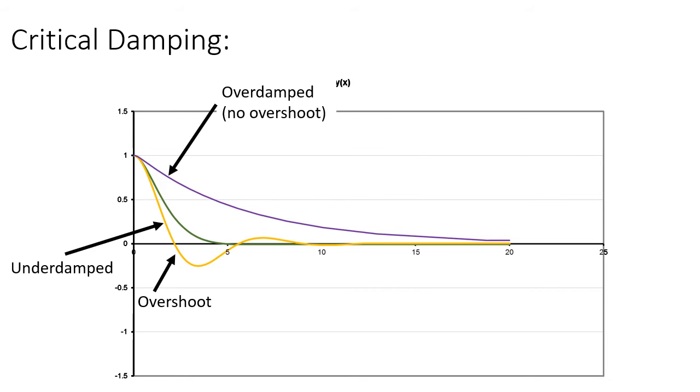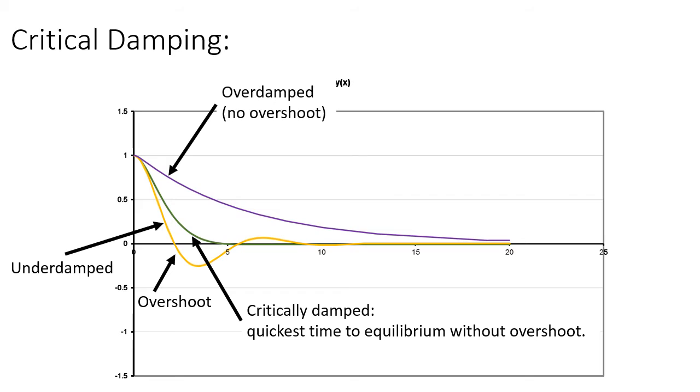And we can get a balance in between those where we get to the neutral position without overshoot, but in the fastest possible time. If we do that, then we call that system critically damped. So critically damped is the quickest time that the system can respond, but without any overshoot.